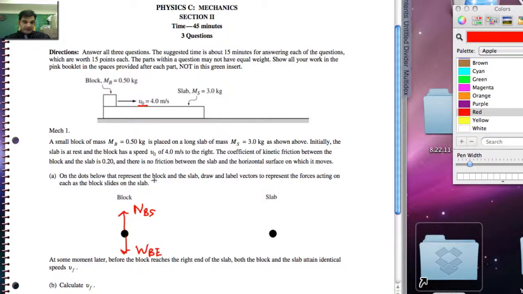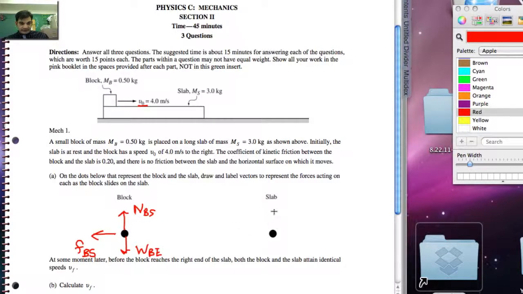This does not go in the free body diagram. That is the velocity. Now the block wants to move forward, so there should be a force on the block due to friction caused by the slab. It looks like that's pretty much it.